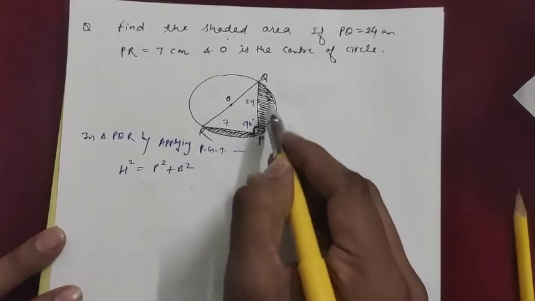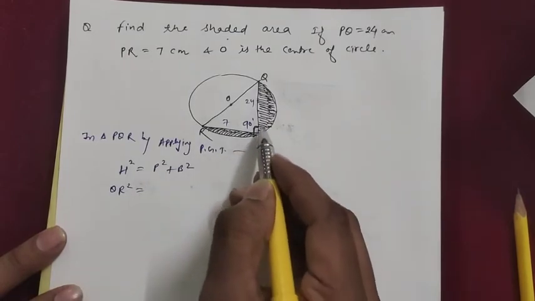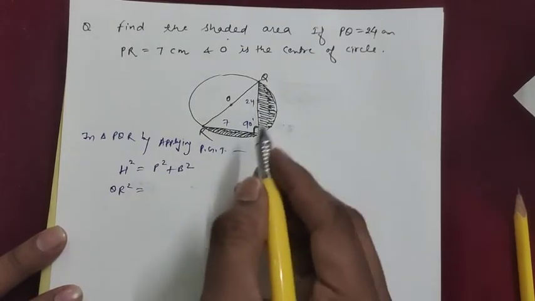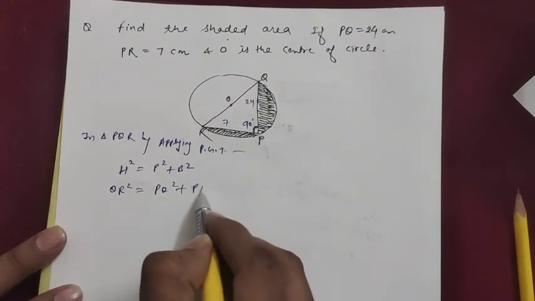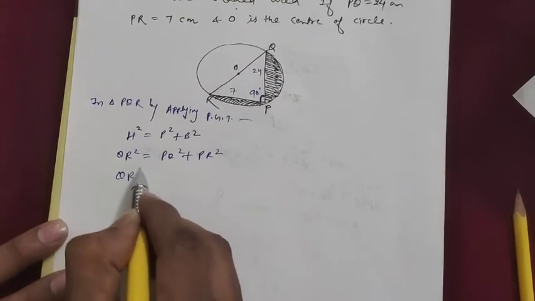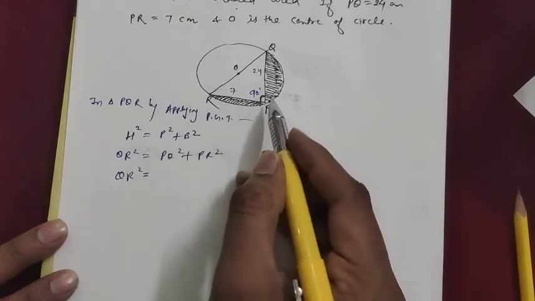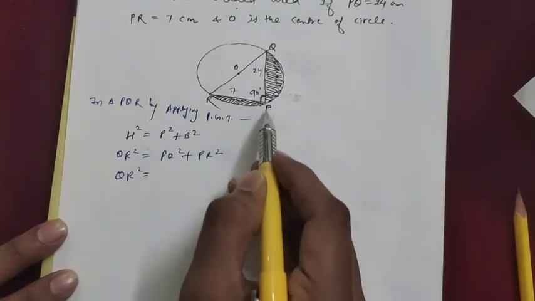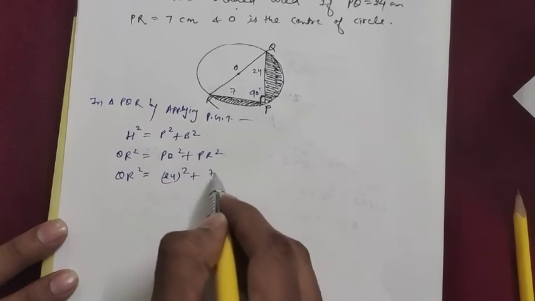So the hypotenuse is QR. QR square equals perpendicular square. Perpendicular is what? PQ. PQ square plus base square. Base is PR square. So just put the values. So QR square, we don't know how much QR is. PQ is 24. So 24 square plus PR 7 square.